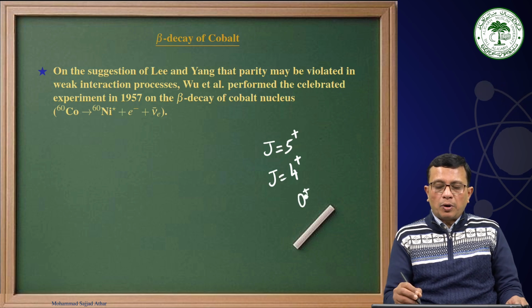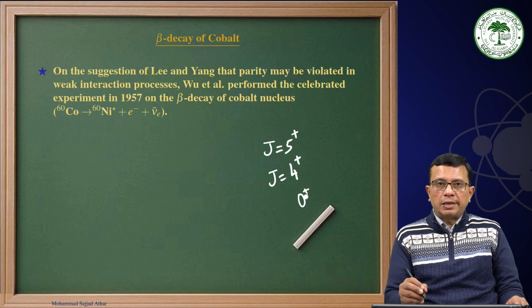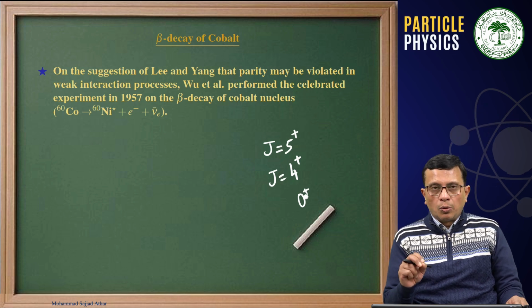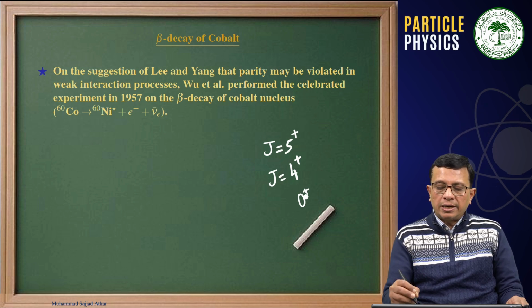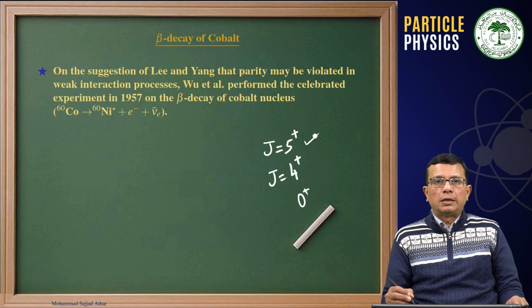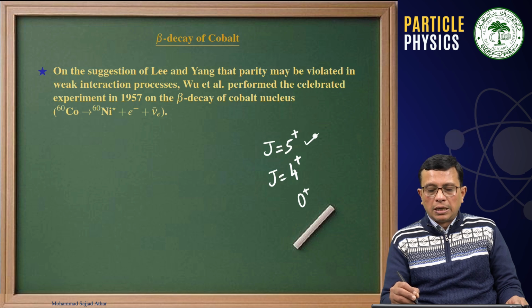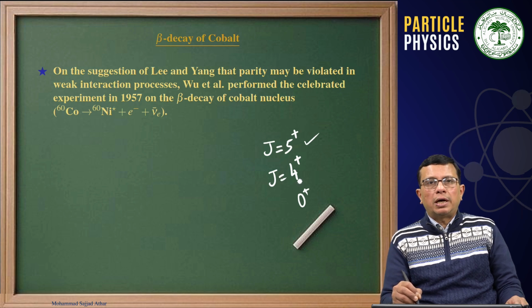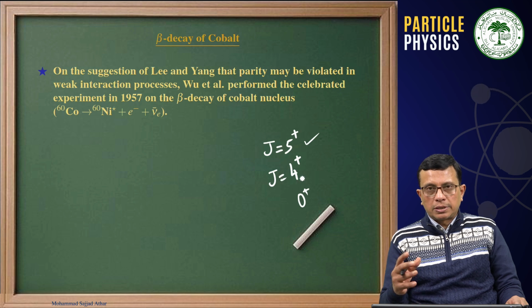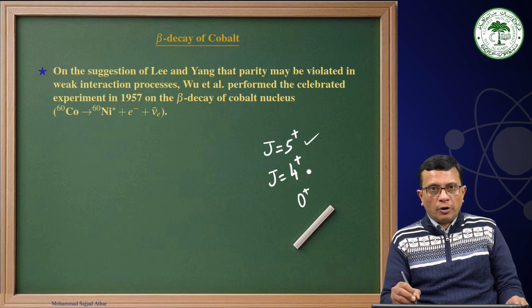Therefore, what was the important point? That Wu et al. took a cobalt nucleus which had total angular momentum of 5 with positive parity, decaying into a daughter nucleus, nickel star, which was in an excited state 4 plus, where the angular momentum is 4 and parity is positive.